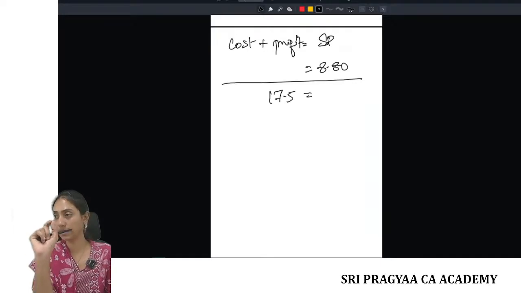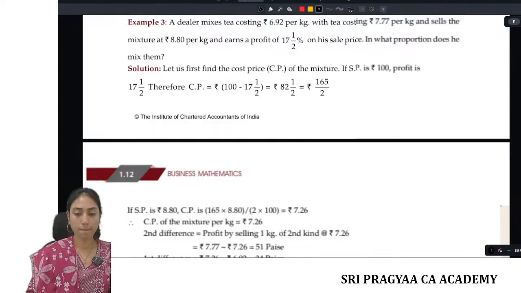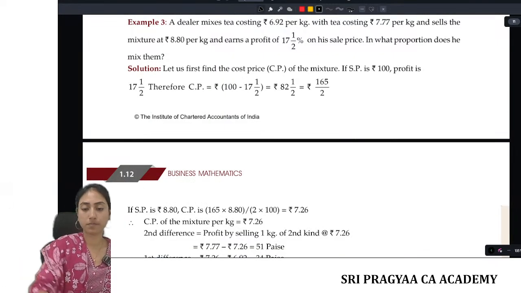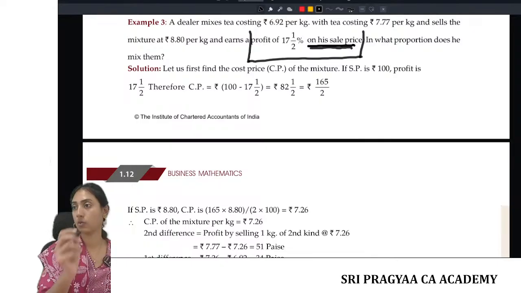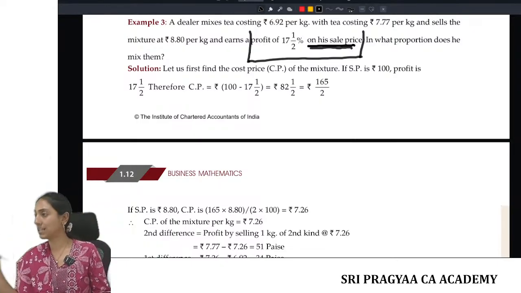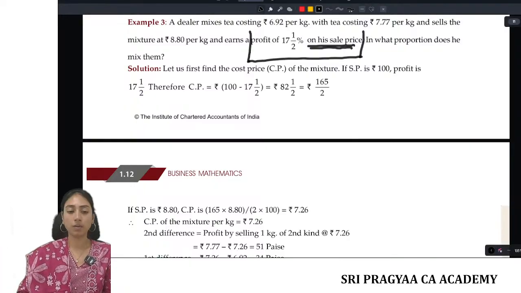There is a small catch in the question which says profit on selling price.